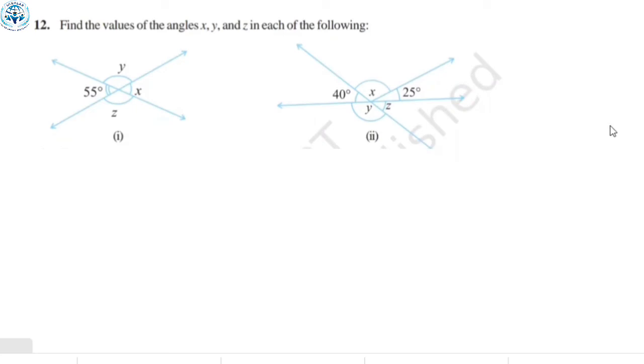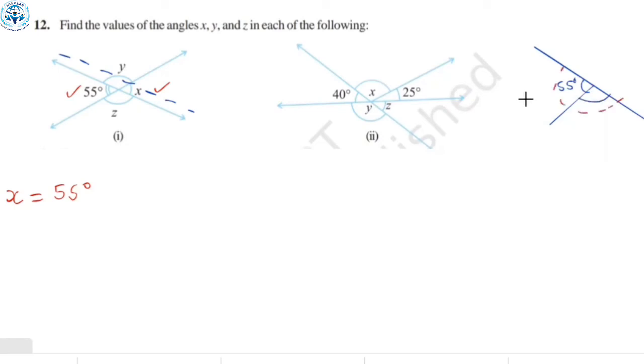Find the values of the angles x, y and z in each of the following. Angle x will be similar to the vertically opposite angle, that is 55 degree. This is a straight line. We will draw this straight line and we can see that one angle is 55 degree and the whole angle is 180 degree.